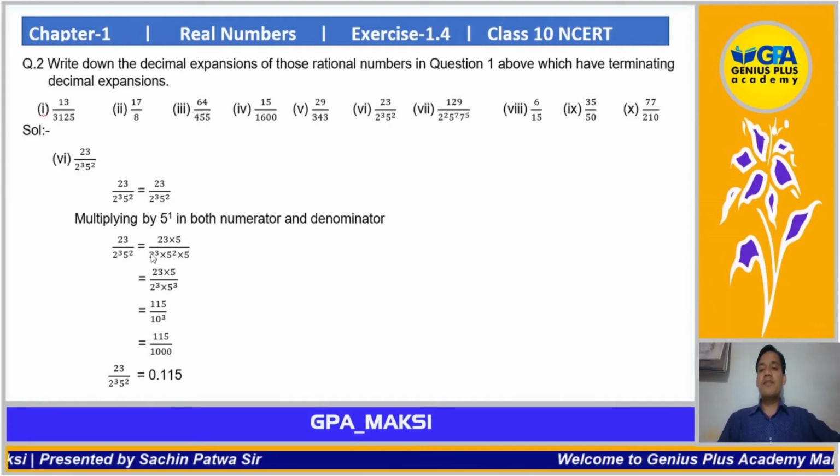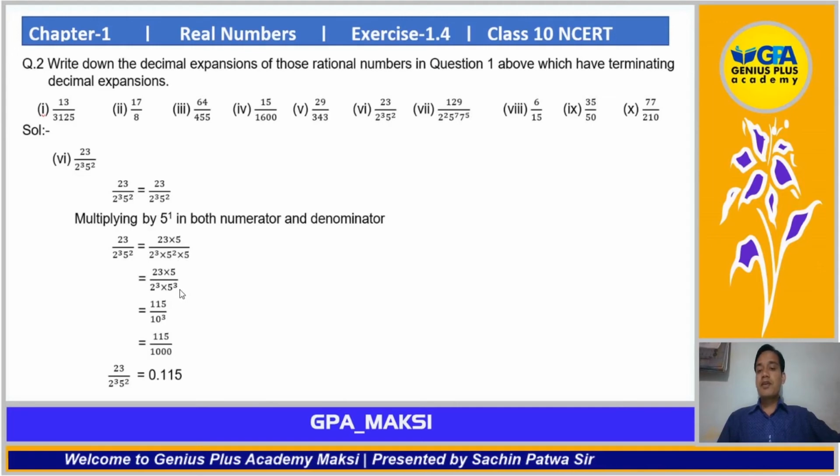So when we multiply, it's 23 into 5 and 2 raised to 3 into 5 raised to 2 into 5. Now 5 raised to 2 into 5 is 5 raised to 3. So 23 into 5 is 115, and 2 raised to 3 into 5 raised to 3 is 10 raised to 3. So 115 by 1000, and when we divide, we get 0.115. Pause the screen and note it.